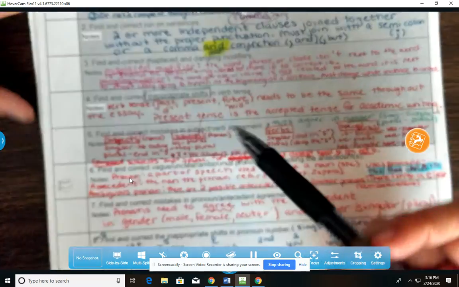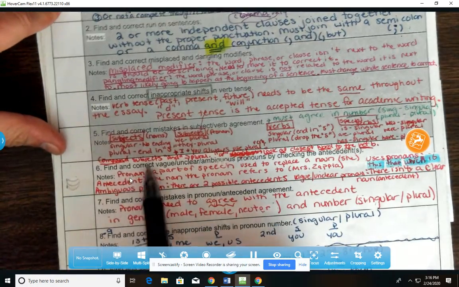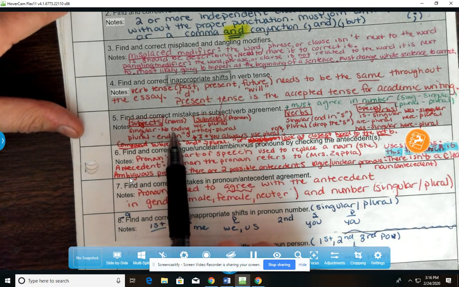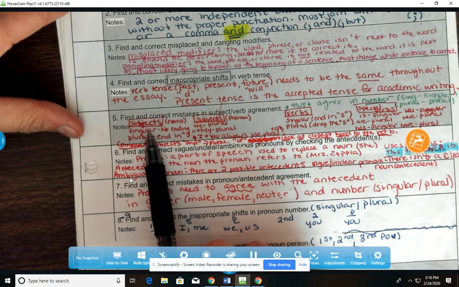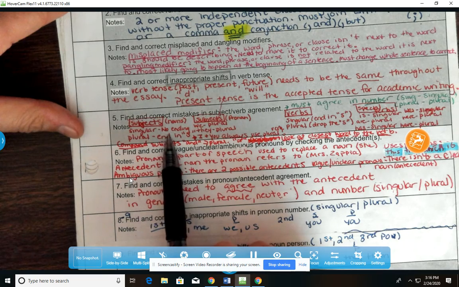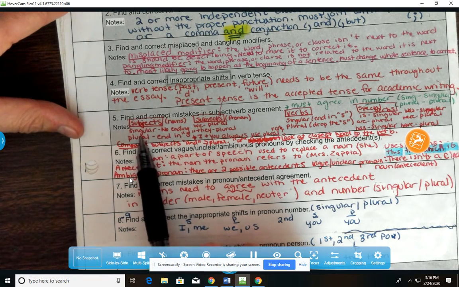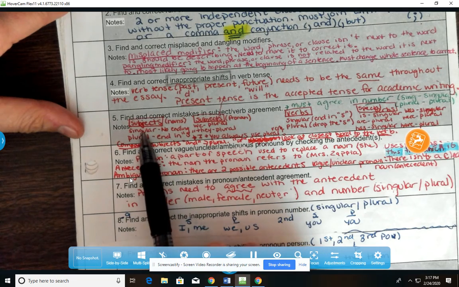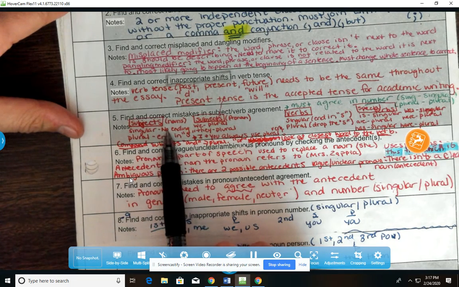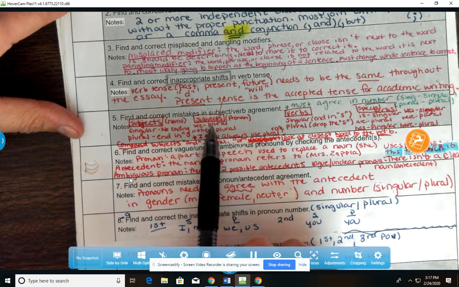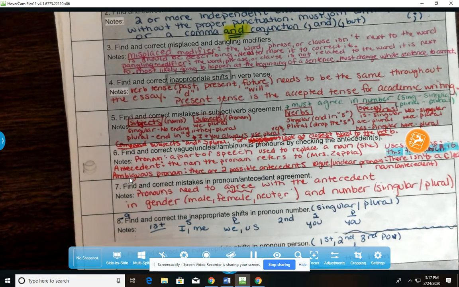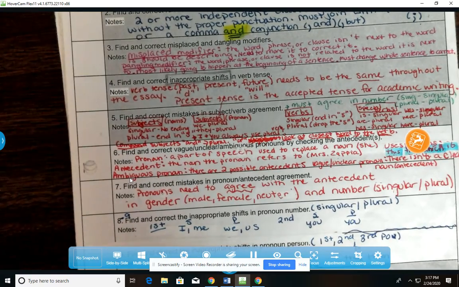So let's look at how we know if we have singular or plural subjects and verbs. Singular subjects don't have an ending. So with nouns, singular subjects have no ending. Our plural subjects have the ending, so our plural subjects end in S, and our singular subjects have no ending. Now, with pronouns, sometimes we use different words to represent singular versus plural.